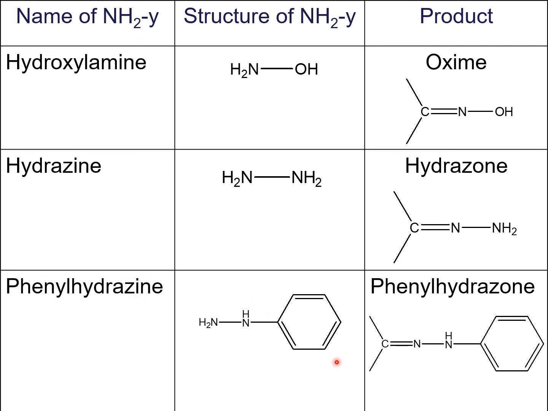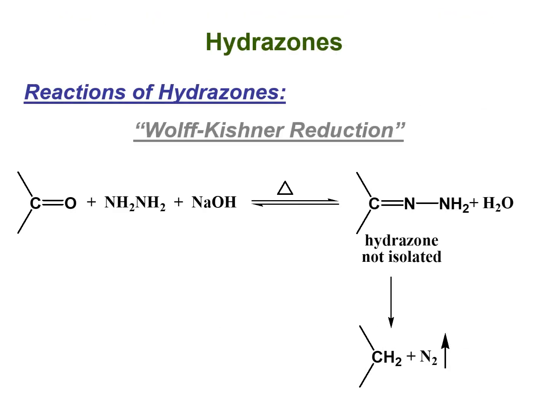And if it's an aminophenyl group, this is the phenylhydrazine that gives the phenylhydrazones. Looking at the hydrazones, we said that they are very important intermediates in the Wolff-Kishner reaction, where you react the carbonyl compound with hydrazine in presence of sodium hydroxide. First, the hydrazone is formed, which is not isolated, and then you reduce to the alkane.